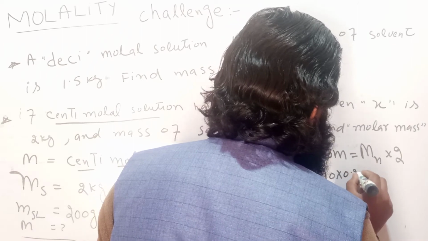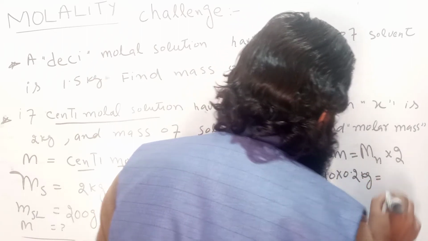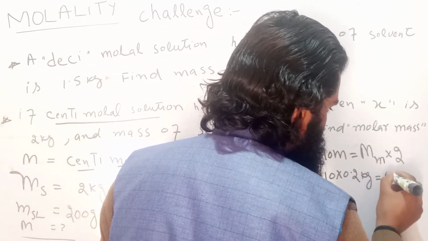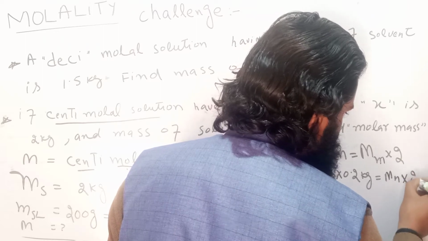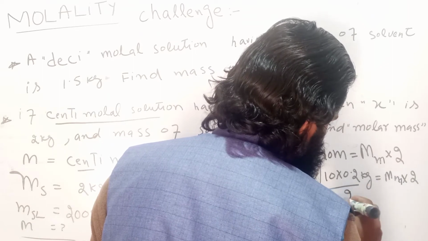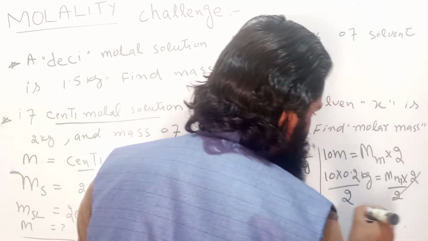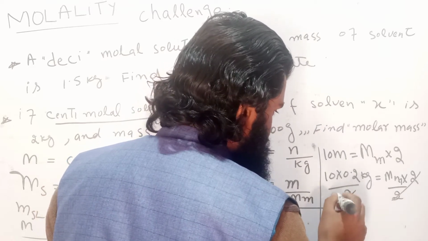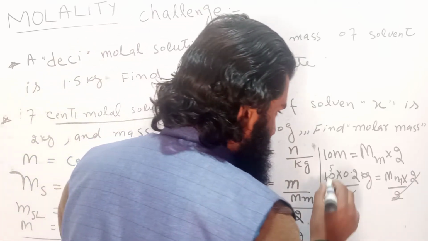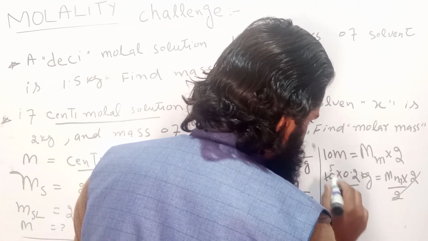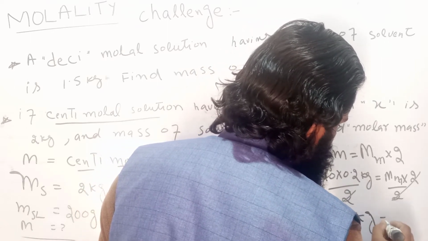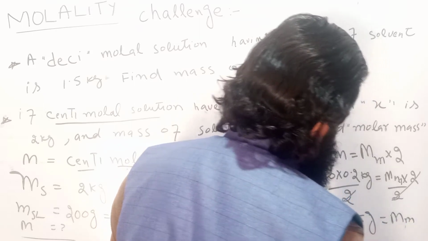So 0.2 kilogram is equal to the molar mass multiplied by 2. We divide both sides by 2. The 2 and 2 cancel, and 2 and 5 make 10. So the molar mass is 1 by 2 kilogram.